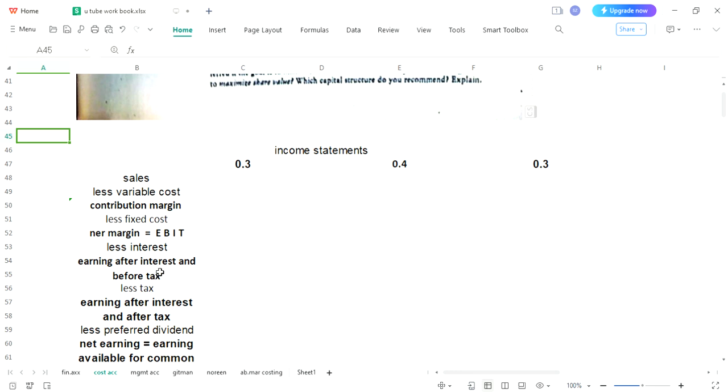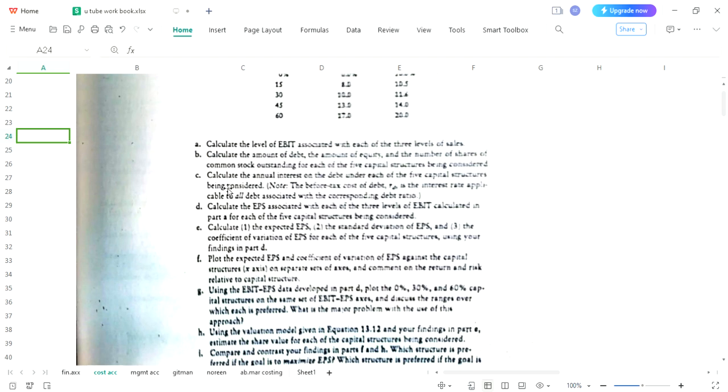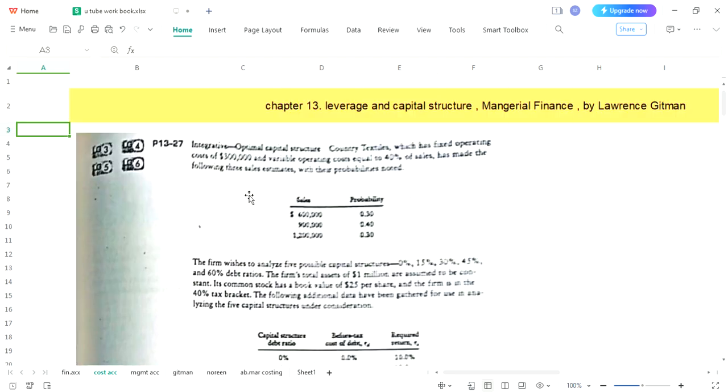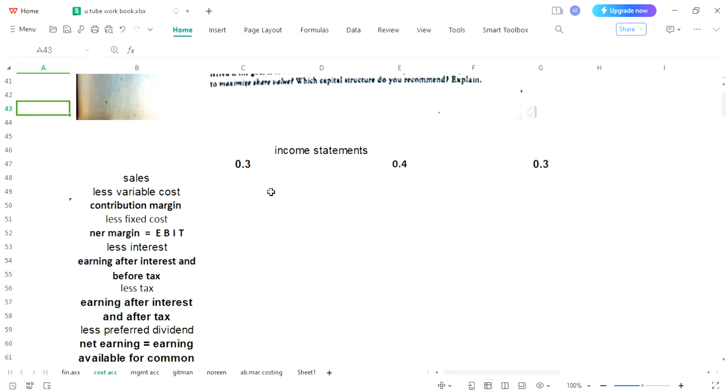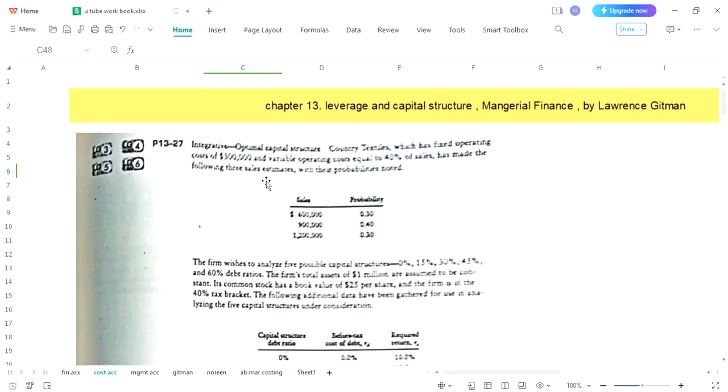In this way our B part requirement will also be completed. Okay guys, the very first thing to note down is that we have 6 lakh, 9 lakh and 12 lakh as sales. The first sale, for 0.3 probability, is 6 lakh.